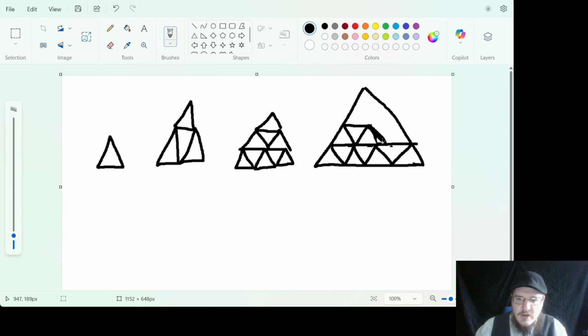Not the best drawer here. But I am doing my best, and that's what matters. 1, 2, 3, 4, 5. Let's just shade that in. Have a giant fat line right there. Now in this case here, there, and there. Boom. Okay.